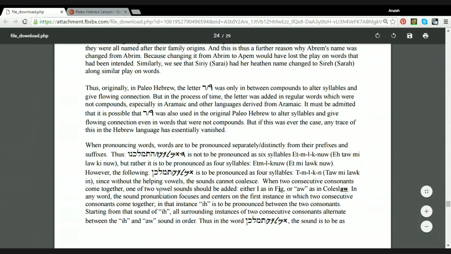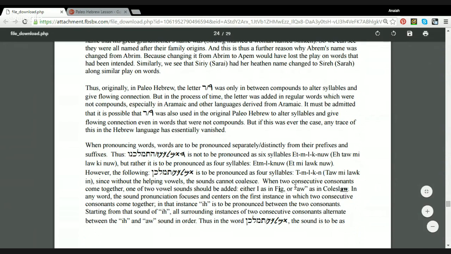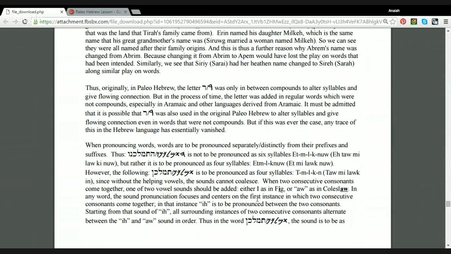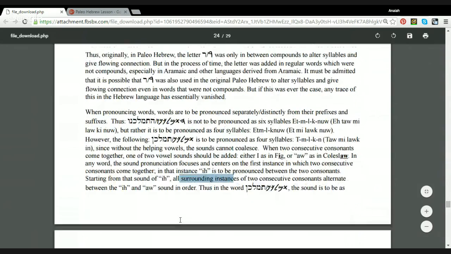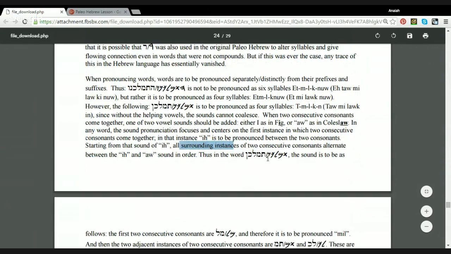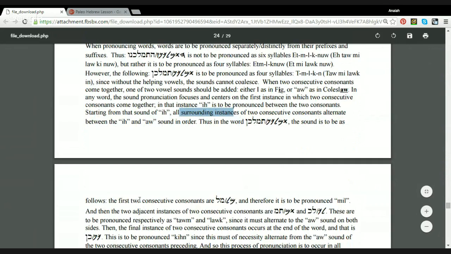So in any word, the sound pronunciation centers on the first instance in which 2 consecutive consonants come together, and that instance is to be pronounced with I between the 2 consonants. Then starting from the sound of I, all surrounding instances of 2 consecutive consonants alternate between the I and ah sound in order. Thus, in the word TMLKN, the first 2 consecutive consonants are ML, and therefore it is to be pronounced mill.